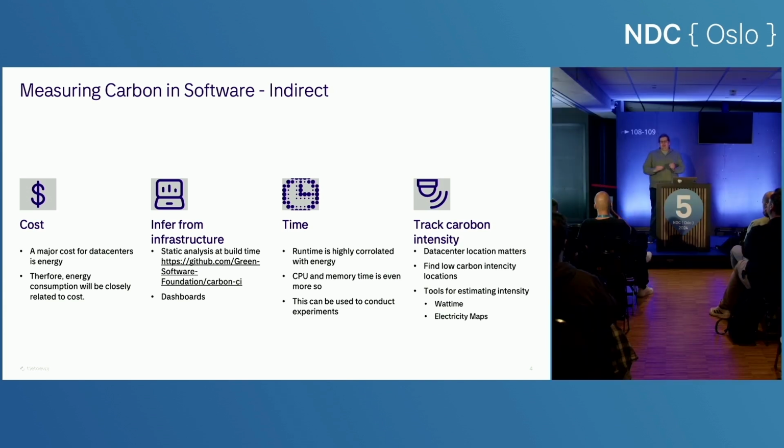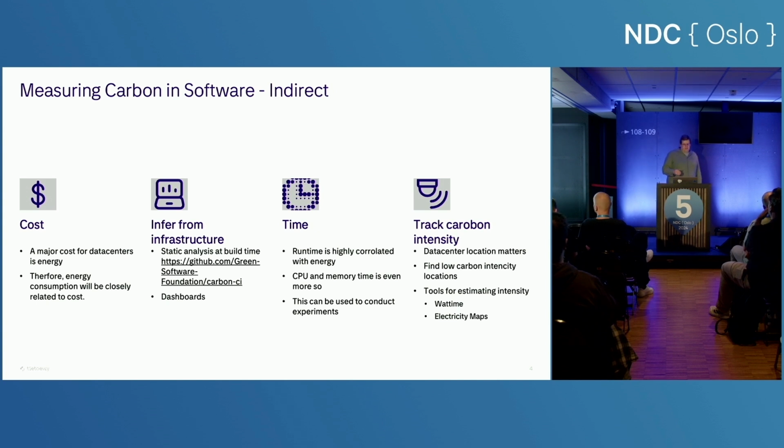But we can use indirect measurements, proxies. Cost is a great proxy. If it costs money, probably it takes energy. And if it takes energy, it most definitely does cost money. Another way is to infer it from your infrastructure. You can look at your infrastructure code and see that this is going to cost that much carbon in a while.